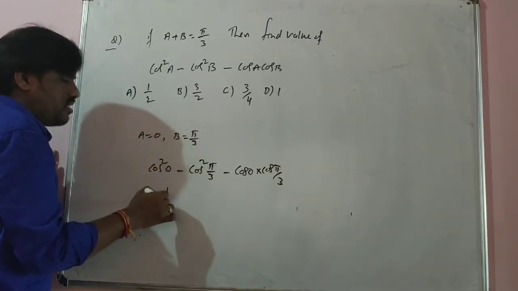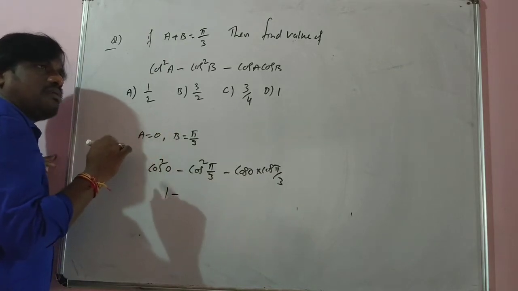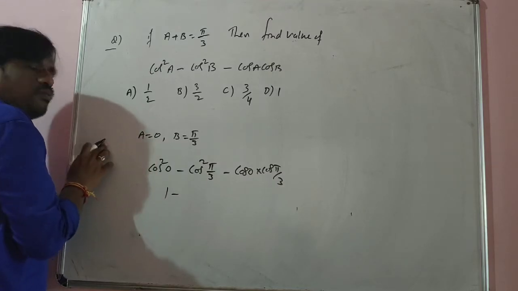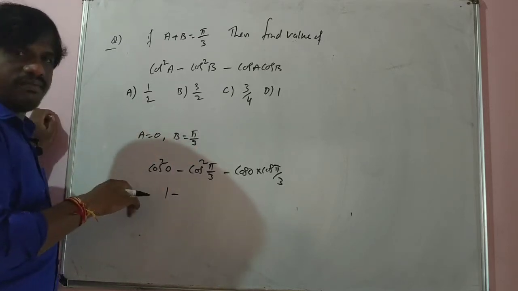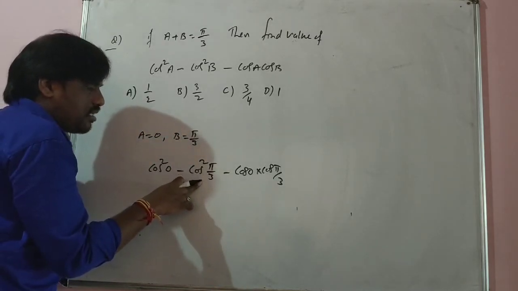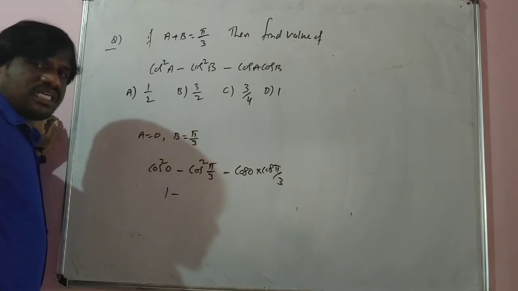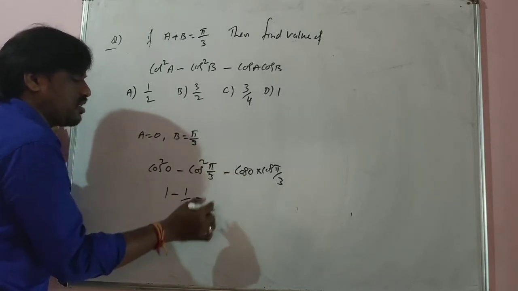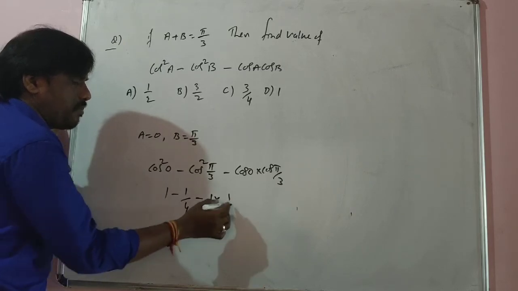So cos square 0 is 1, minus cos pi by 3, cos 60 is 1 by 2, 1 by 2 whole square is 1 by 4, minus cos 0 is 1 into cos pi by 3, 1 by 2.